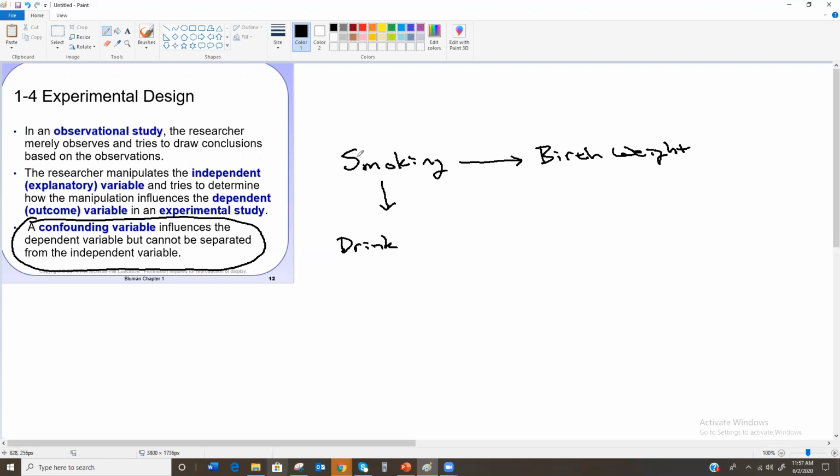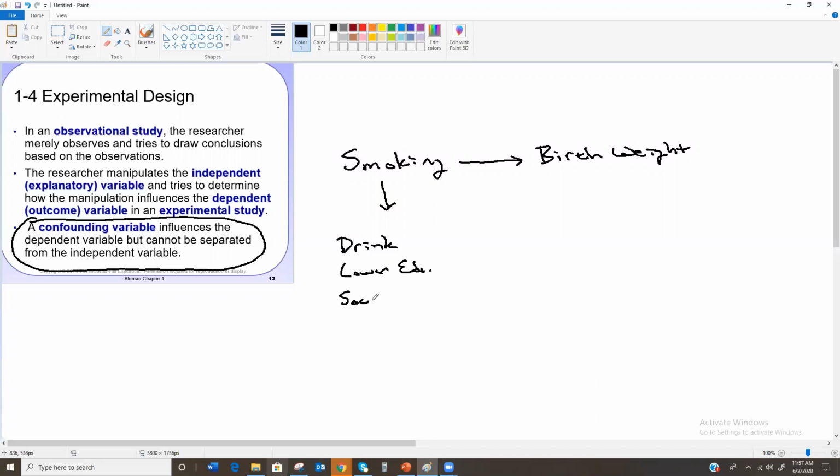Also, it's been shown that people who smoke tend to have a lower level of education. Now, that doesn't mean that everybody that smokes has lower education. I'm just talking in general. It has been shown that there's a correlation between whether people smoke or not and what their education level is.